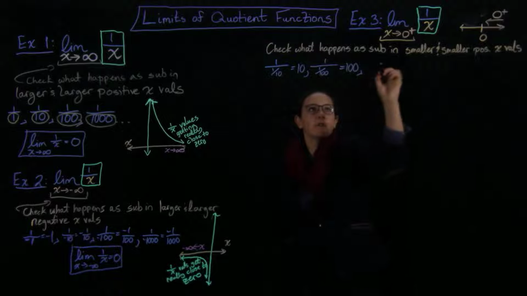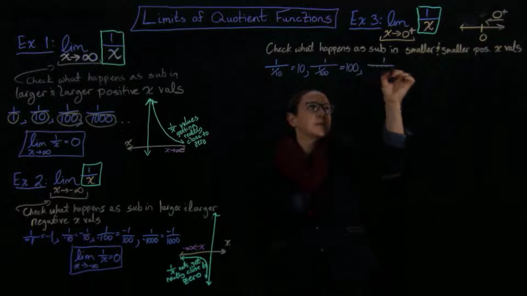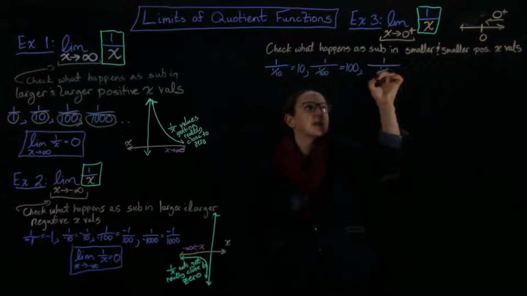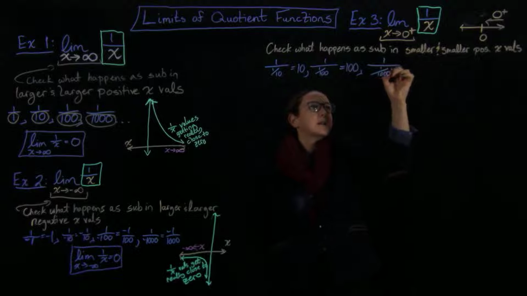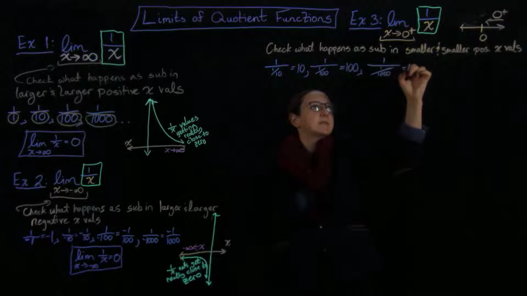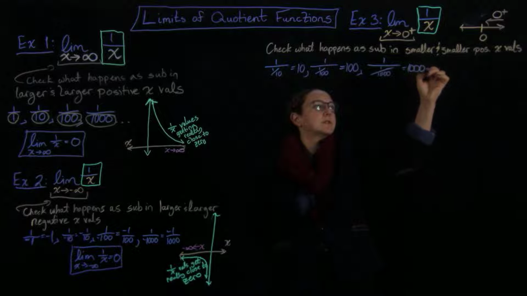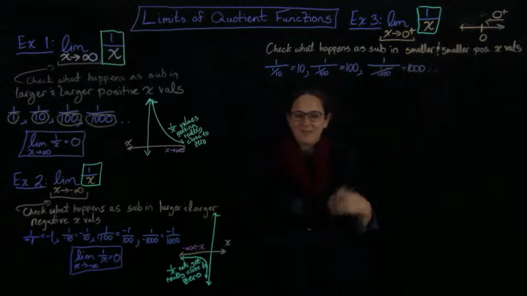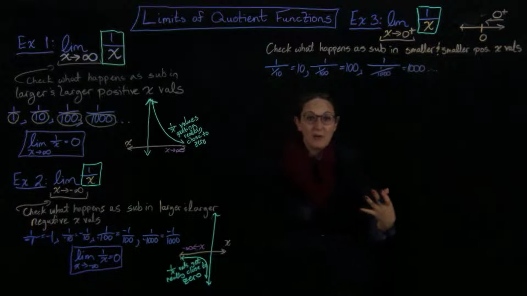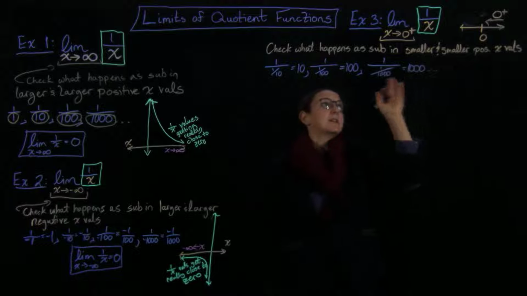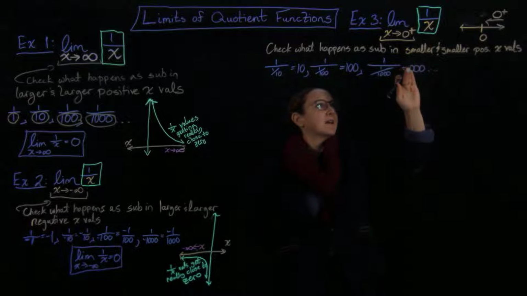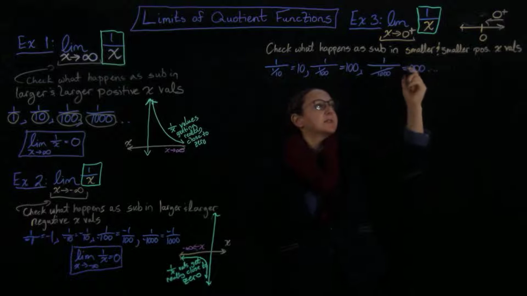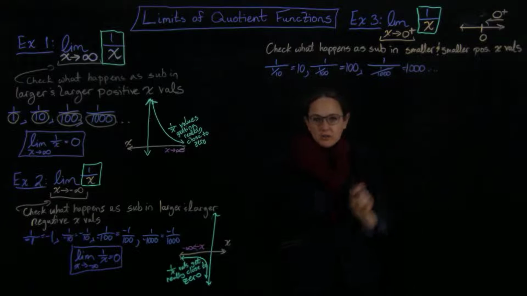And we already know that these are getting smaller and smaller on the bottom, like cutting it into more and more pieces. This gives me 1,000, and so on. So what's happening is I'm getting bigger and bigger positive as my output. I'm inputting smaller and smaller positive on the bottom, and I'm getting as my output something that's larger and larger positive.